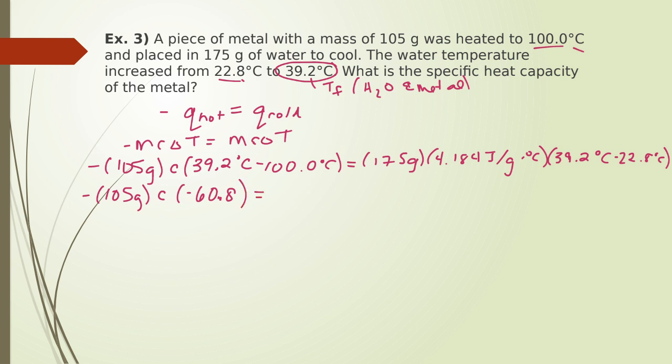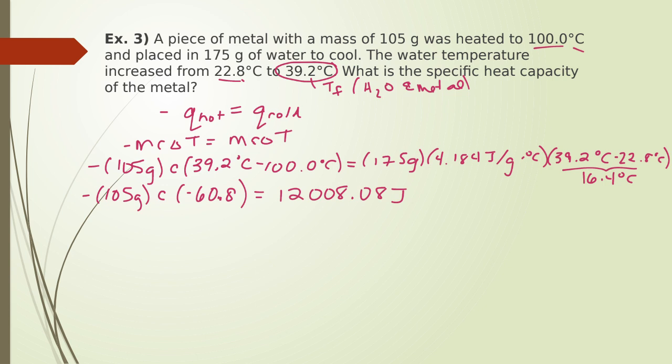And then on the other side, let's do this delta T right here. When we subtract that off, we get 16.4 degrees C. And now let's multiply everything together. When I multiply everything together, I am getting 12008.08 on that side. So that'll be joules.